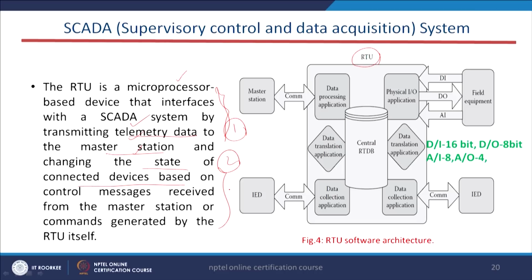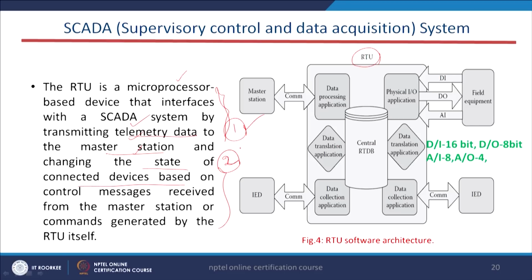The first one is that it collects the data or information from the devices located inside the distribution network and sends it to the master station. And the second one is that it collects those data.